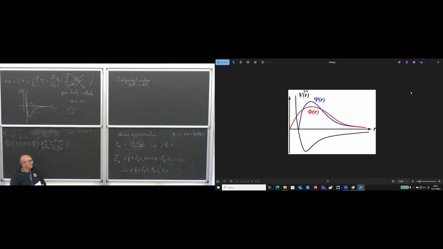You need to match the fact that they don't take into account the correlated wave function of the problem. You need to find somehow the fact that the nuclear wave function is zero in that region. If you don't take it into account here, you need to take it into account here.